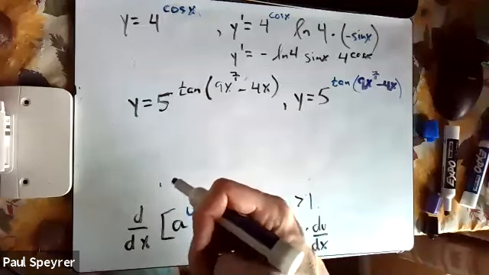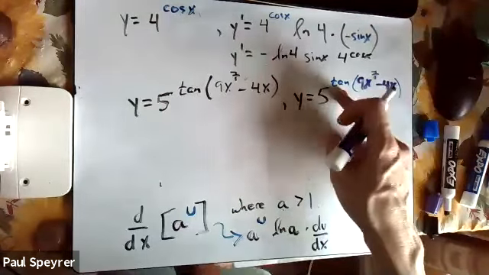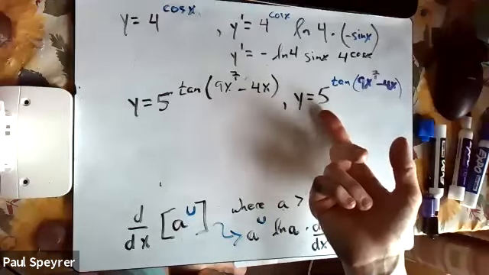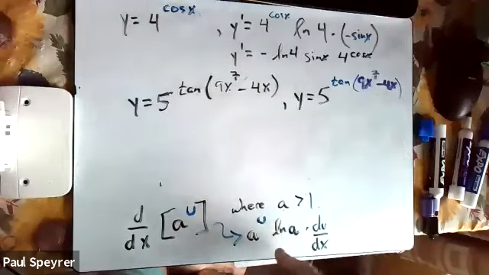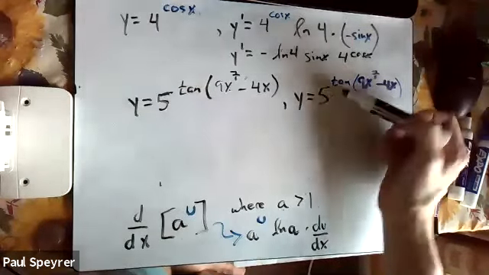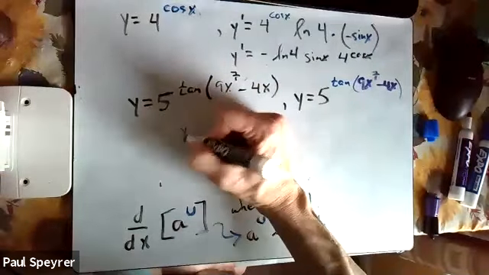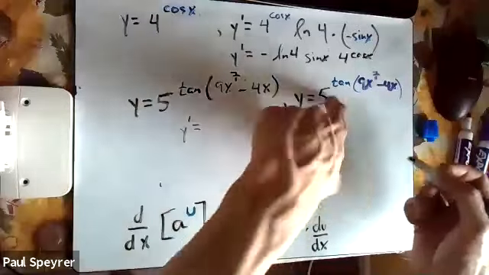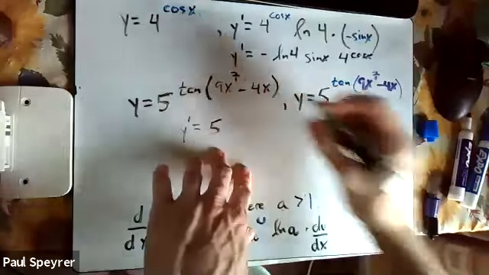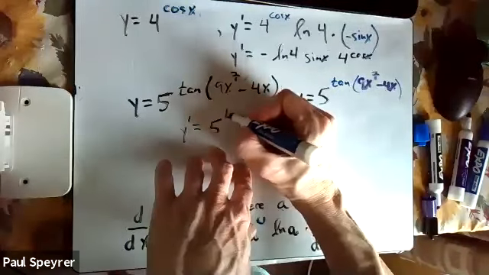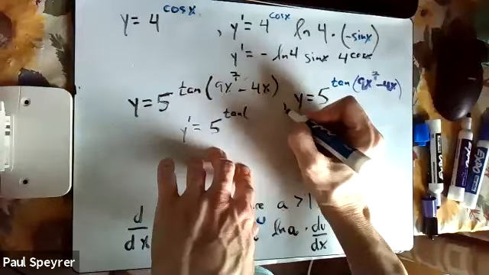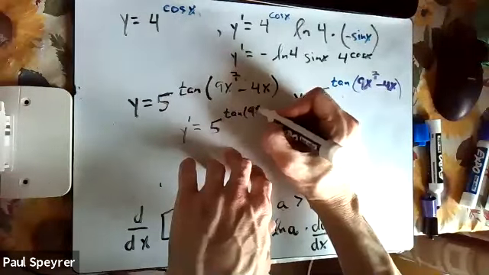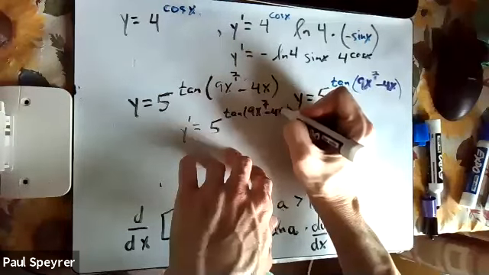So it's kind of like chain rule 3 times, right? We have the exponential part, this trig part, and that inner part right there. Where do you start? On the outside. We need to incorporate this rule first. So a to whatever. The derivative of a to whatever, let's follow this again. It's just a to whatever. So 5, and then tangent of 9x to the 7th minus 4x.